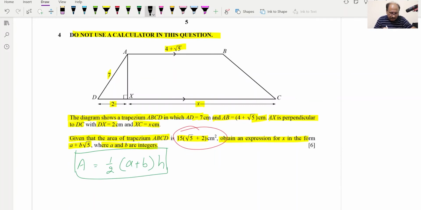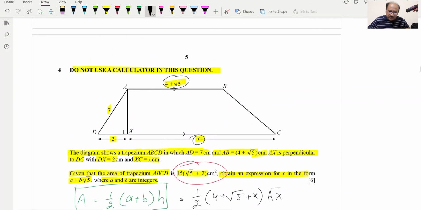So we can write it as 1 by 2, a side we can take as this one, so 4 plus under root 5, and b side will be this, so plus x, and multiply by h value. We need to find the AX value.